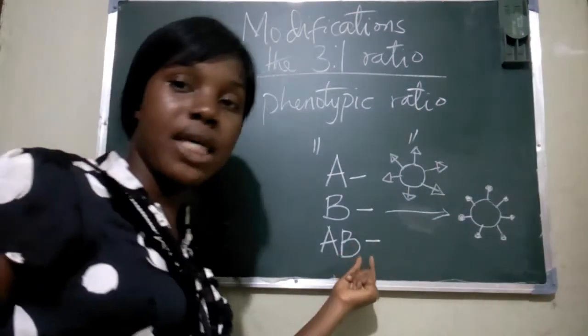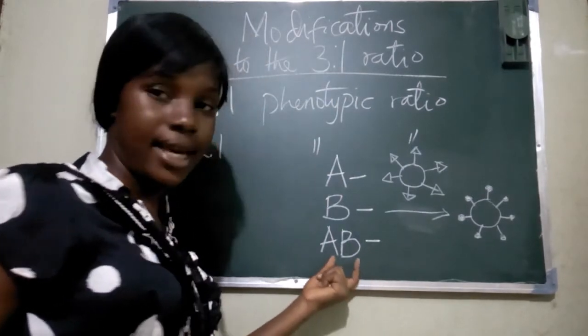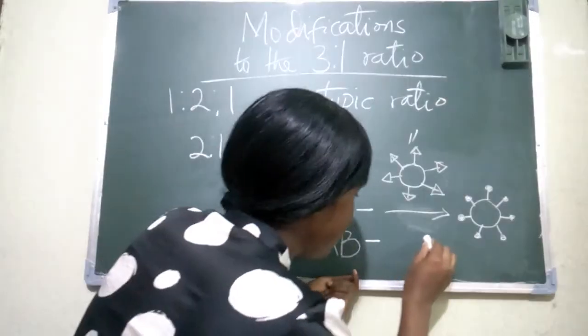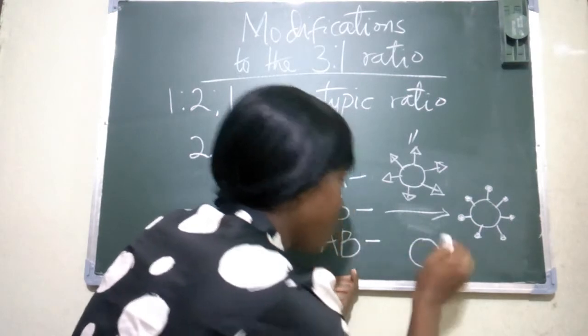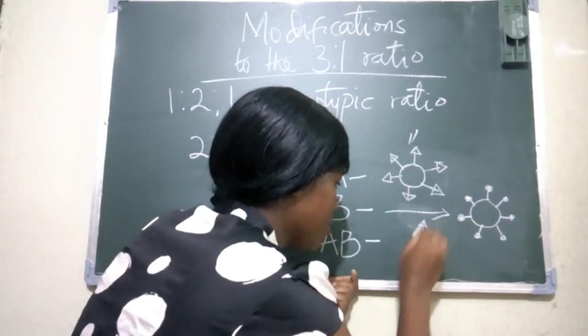So individuals with the AB blood type will have this on the surface of their red blood cells.